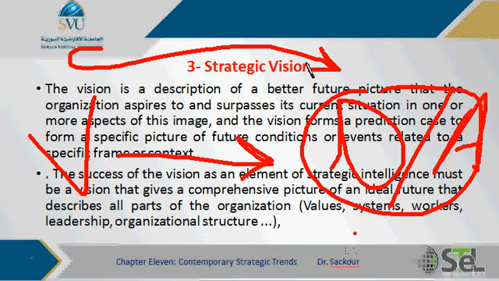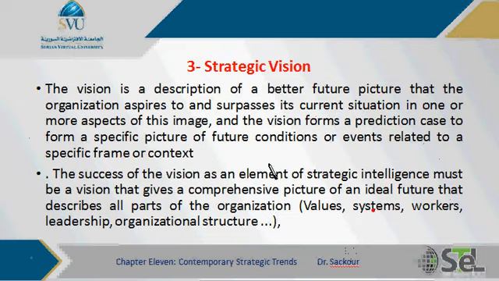Do you remember in the first and second part of the second chapter of this module, when we talked about vision, mission, objectives, etc.? So it's a prediction to form a specific picture of future conditions or events related to a specific frame or context.